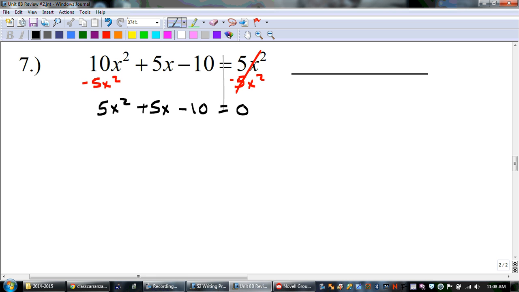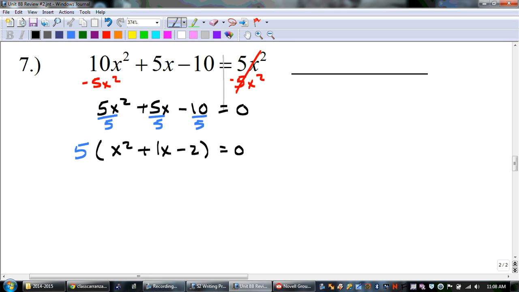Now, I can take out a GCF. They all have a 5 in them. So my 5 goes out front, and now we're left with x squared plus 1x minus 2 equals 0.